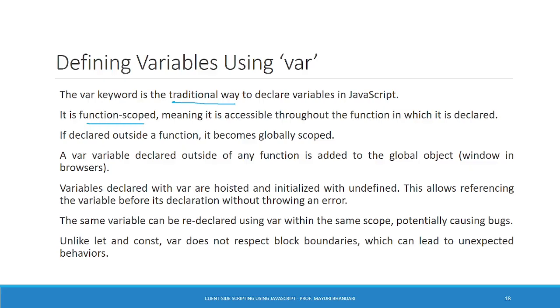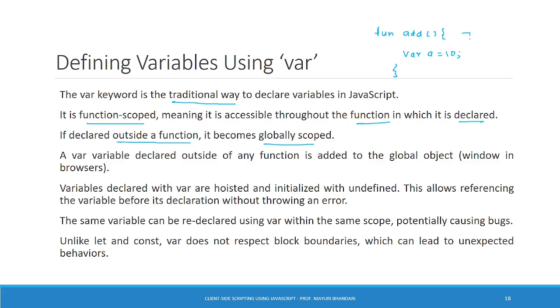It is function scoped, meaning it is accessible throughout the function in which it is declared. If it is declared outside the function, it becomes global. That means if I have some function add, and inside this function I am defining some variable using var a is equal to 10, I have defined this variable inside the function, so I can use it inside the function.